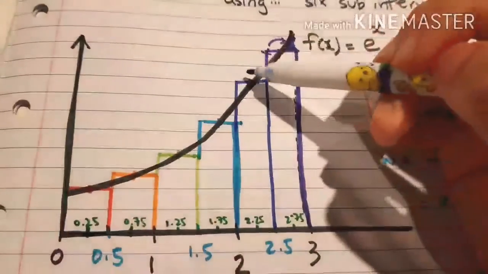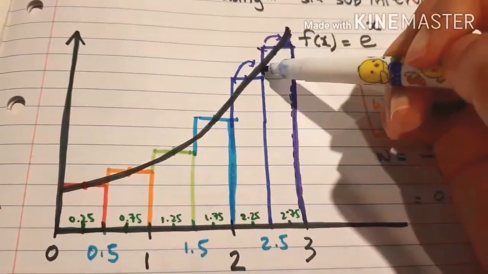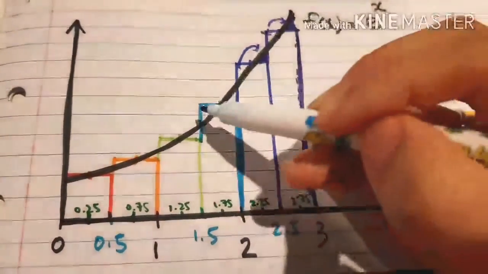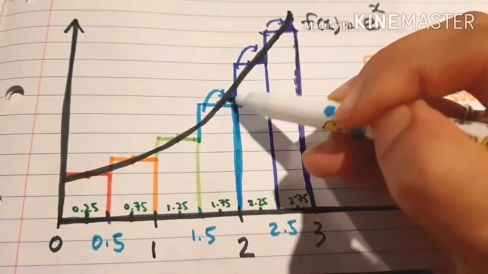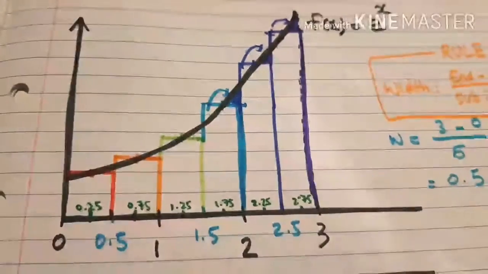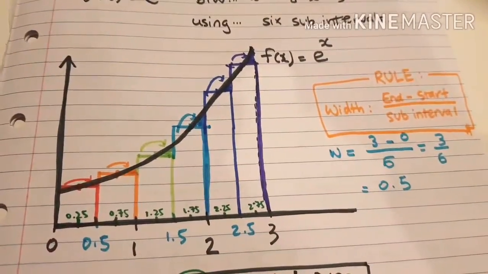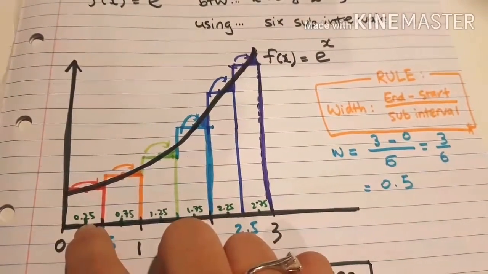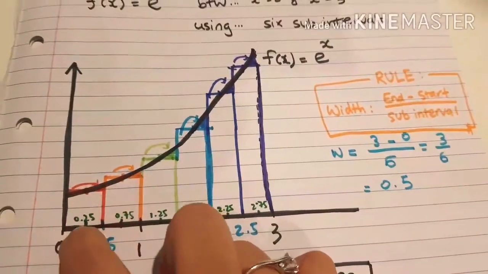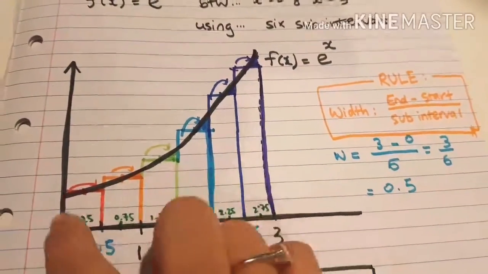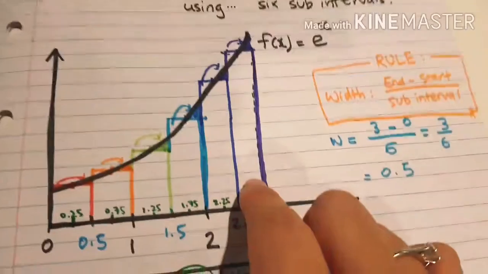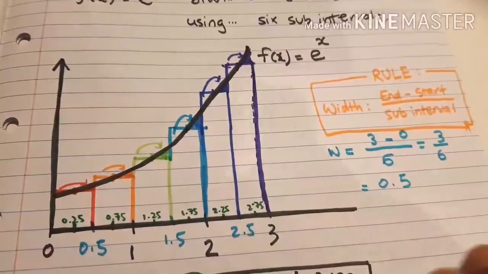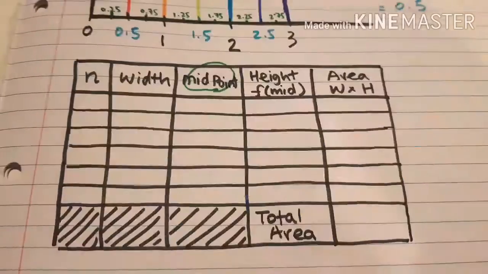Move this one and fill in the gap, move this one and fill in this gap, and so on. Basically, if you find the width and the height, multiply them together to find the area of each one of them, and add them all together, you'll get approximately the area under the curve.